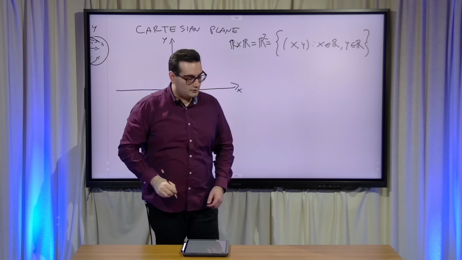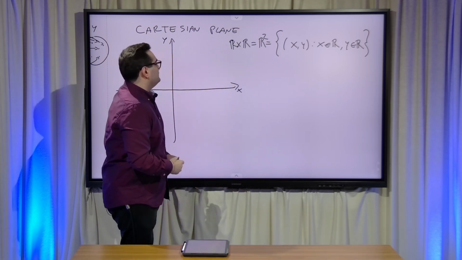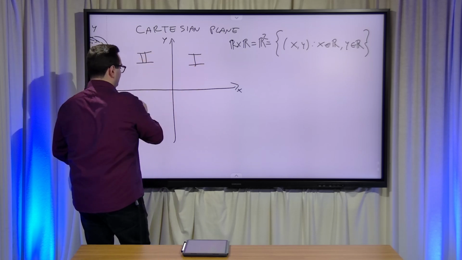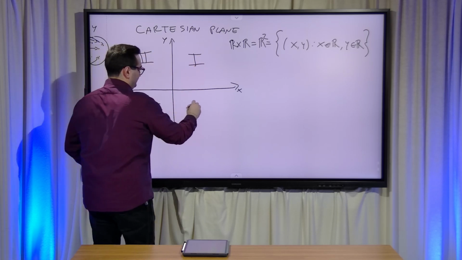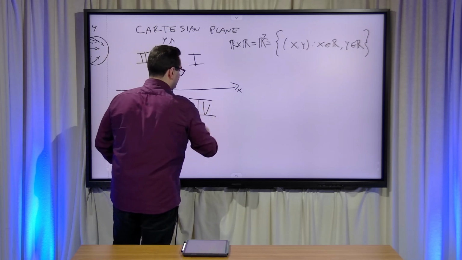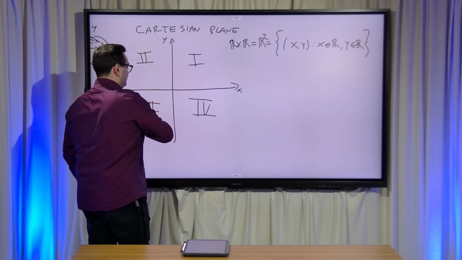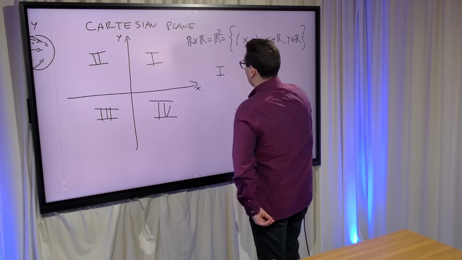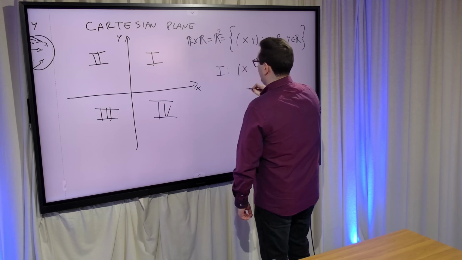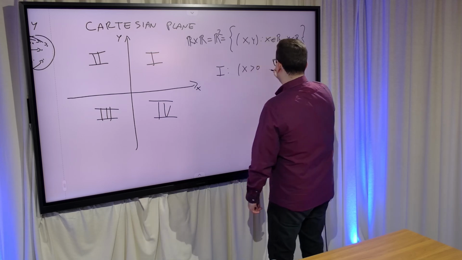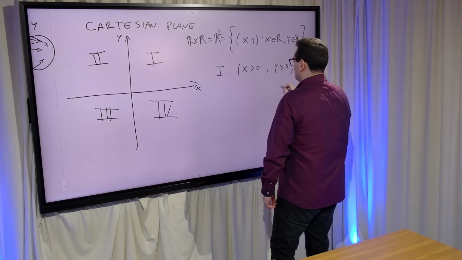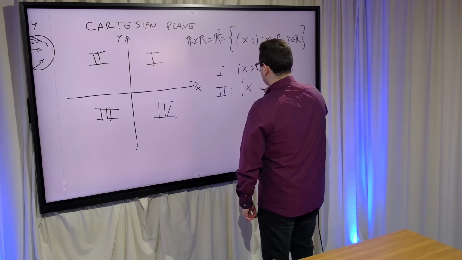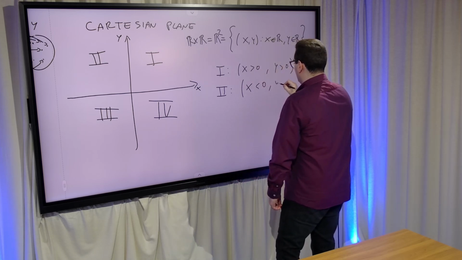So, I can divide the Cartesian plane into 4 quadrants. This is the first, the second, the third, and the fourth. In the first quadrant I have x greater than 0 and y greater than 0. In the second one I have x less than 0 and y greater than 0.